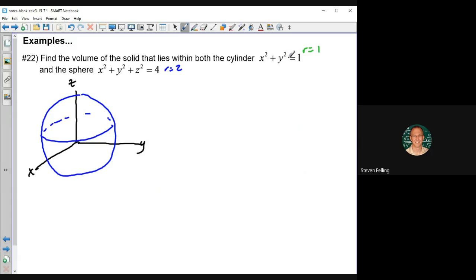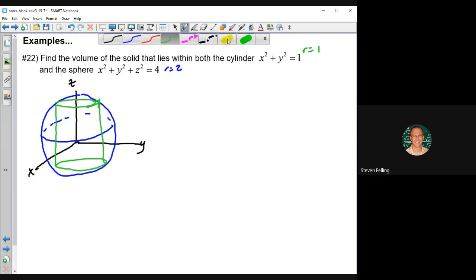There's a circular cross-section in the xy plane. So there's going to be something like this. A cylinder in here. Okay, that's not quite looking great, but you get the idea. A cylinder centered on the z-axis that has a radius of 1 inside a sphere centered at the origin with radius 2. And we want to find the volume that lies within both.